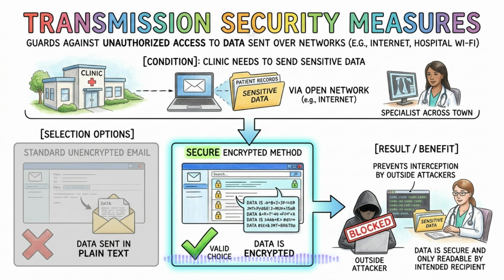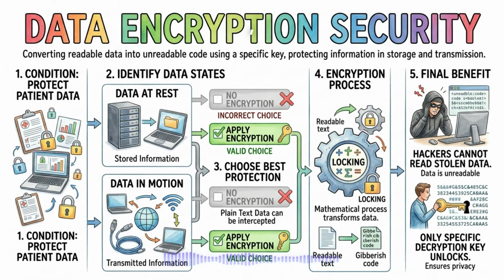If a clinic needs to email patient records to a specialist across town, they cannot just use standard unencrypted email. The exam will expect you to know that sensitive data moving across open networks must be protected from interception by outside attackers. The absolute best way to achieve both transmission security and general data protection is through encryption. A topic you will see multiple times on the exam.